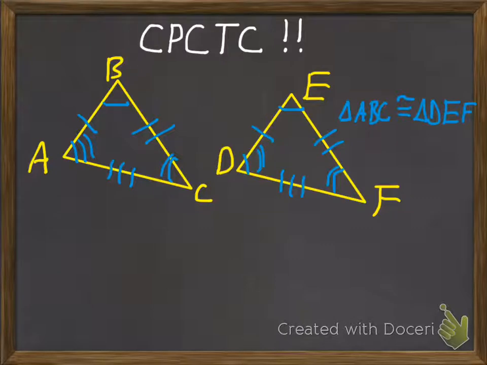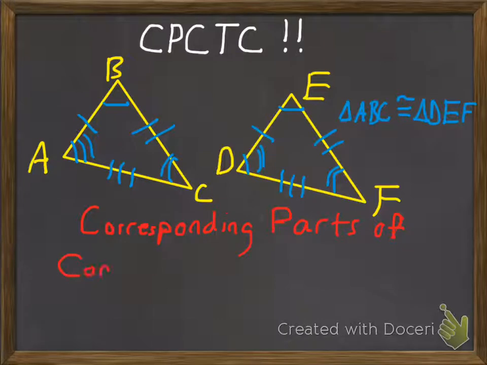Now, here's what that acronym stands for. CPCTC means that corresponding parts of congruent triangles are congruent.